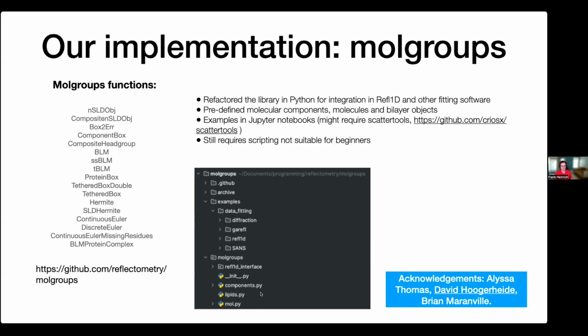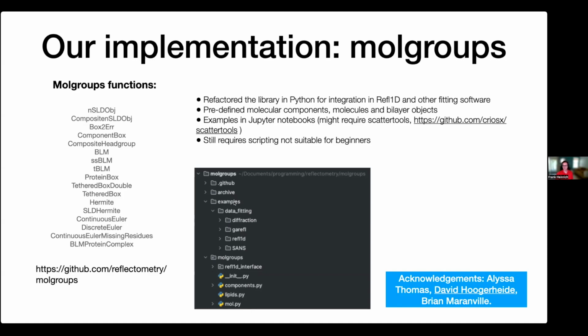Then we also have a small library of already predefined components and predefined lipids that are ready to use, so you don't have to put those simple molecules together yourself. And then there is a relatively large number of examples that you find there also, for Refl1D, so for reflectometry, for diffraction, for SANS, and also for the previous GARREFL application, which is probably not relevant anymore.